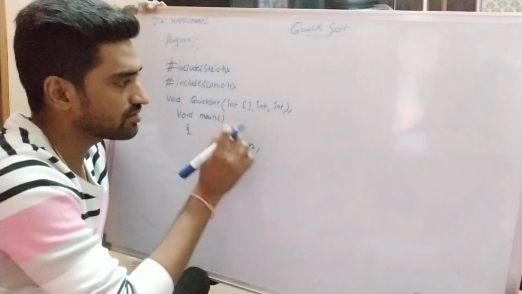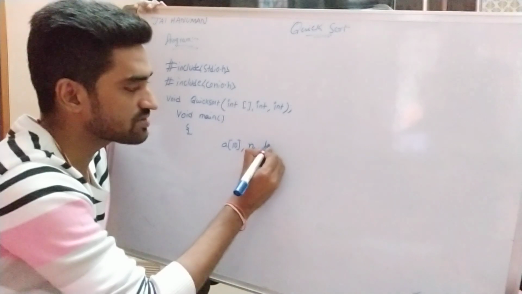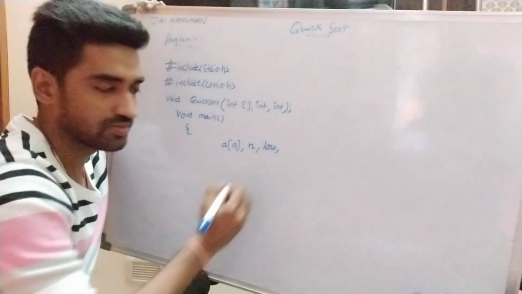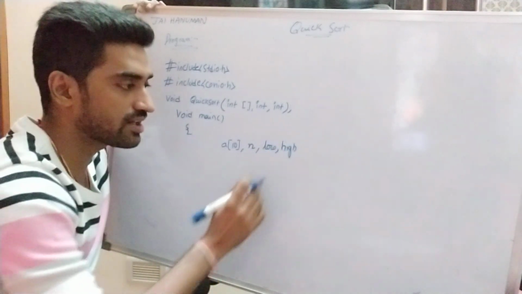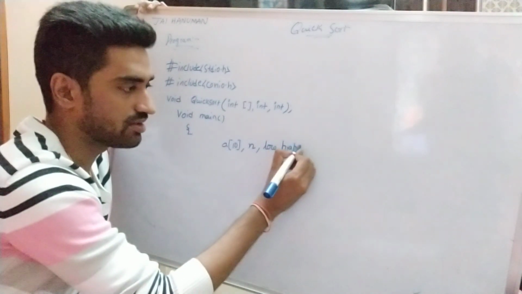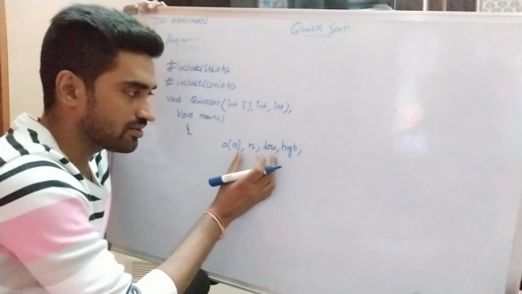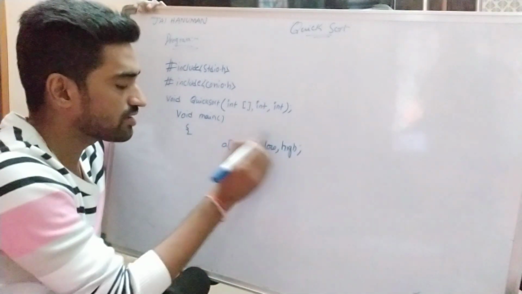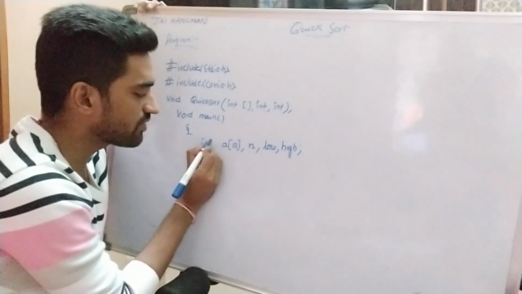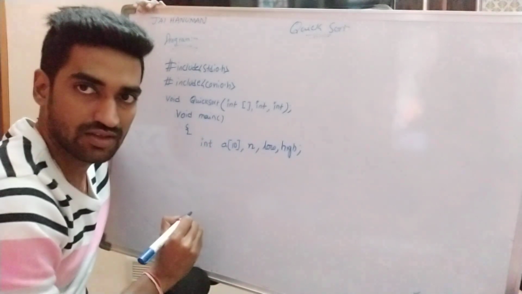To specify the lower boundary value, I am using the low variable. To specify the higher boundary value of the array, I am using the high variable. These are the variables used in the main function, and all are integer variables, so I am specifying the int data type.